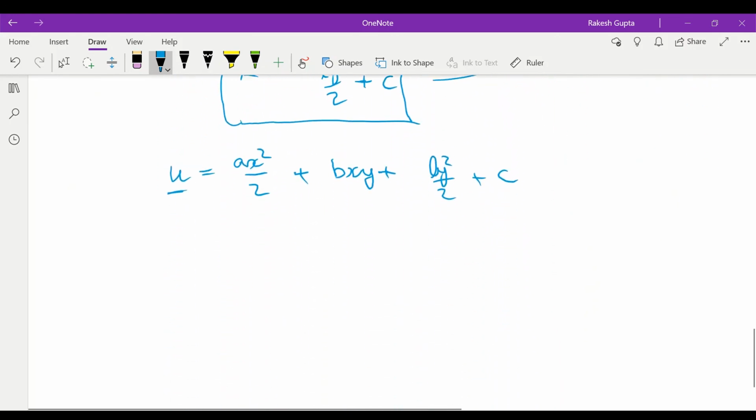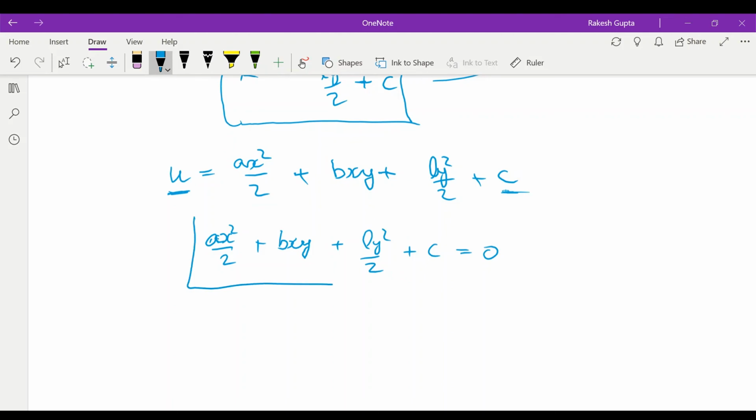So, as u is also a constant, which we can call c, and we have another constant over here, this constant and this constant when rearranged will again give a constant. So I'm just going to write it as a single term equal to 0. So this is our answer. That's all. Thank you.